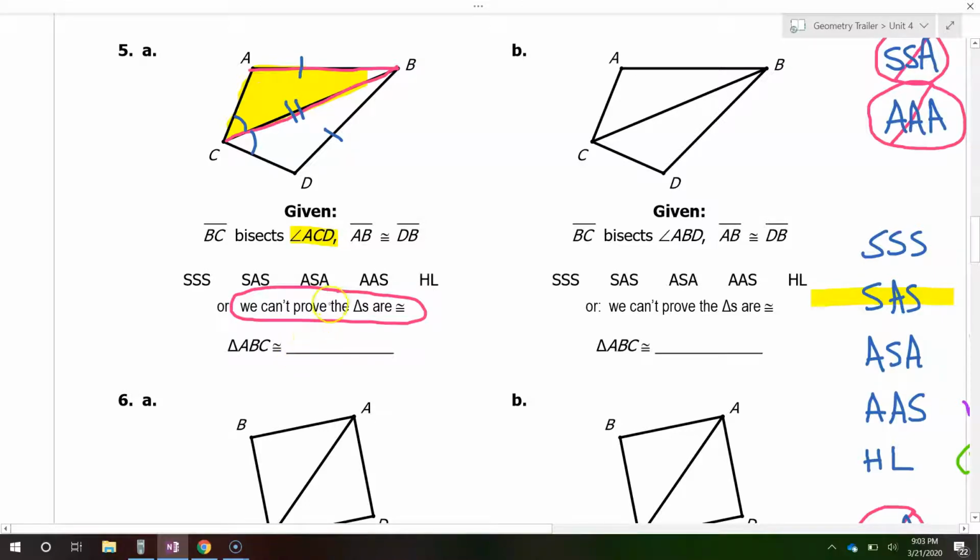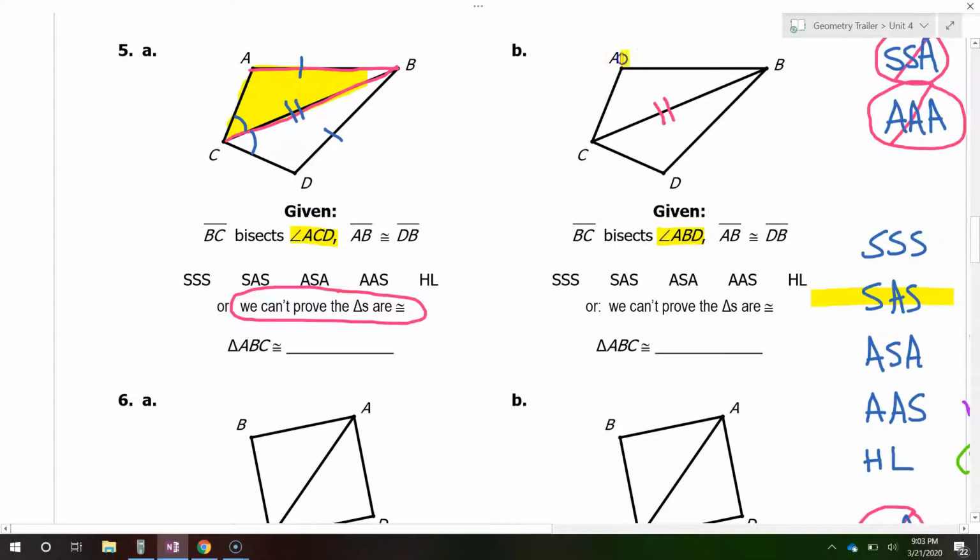Moving on to number 5, part B. We have the shared side, so let's go ahead and mark that. Oh, we have another bisector statement. Segment BC bisects angle ABD. Start with the second part, angle ABD.